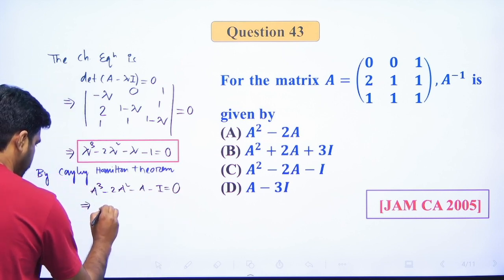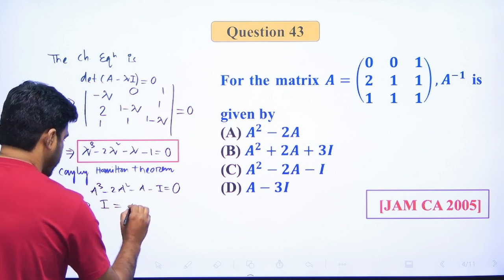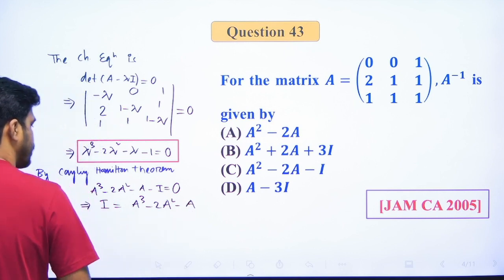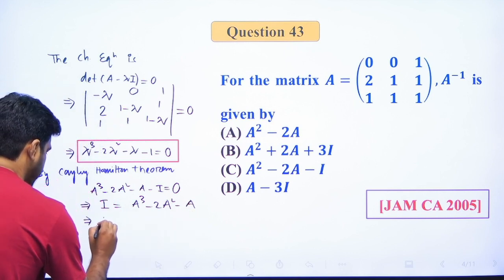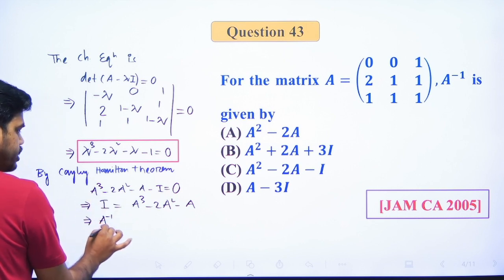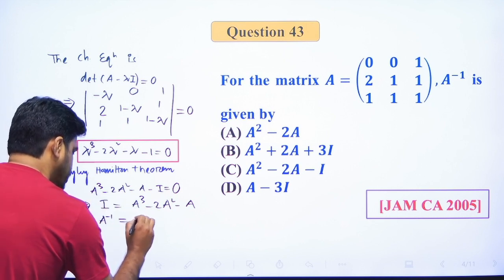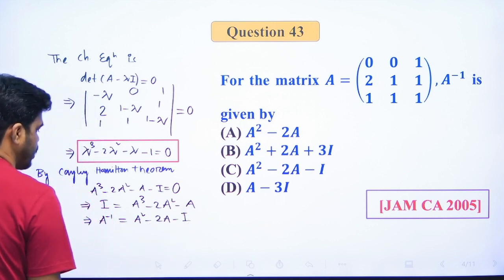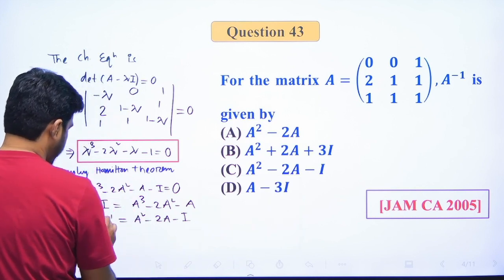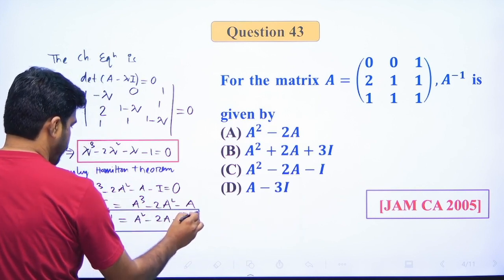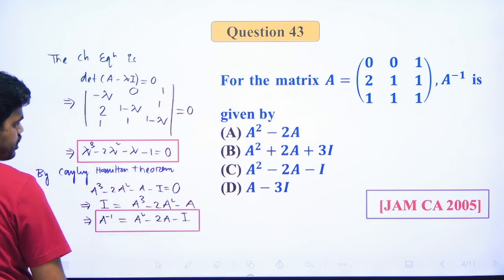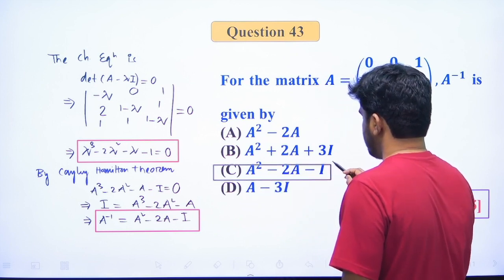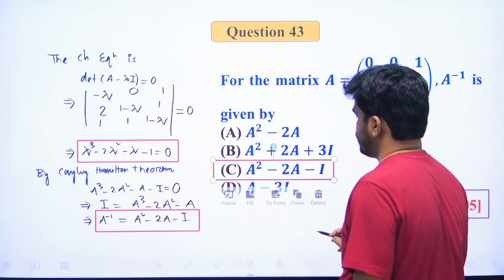So this implies I is equal to A cube minus 2A square minus A. So multiply both sides by A inverse. A inverse into I, that means A inverse. A inverse multiplied gives A square minus 2A into A inverse, that is I. So we get A inverse is A square minus 2A minus I. So option C is the correct answer.